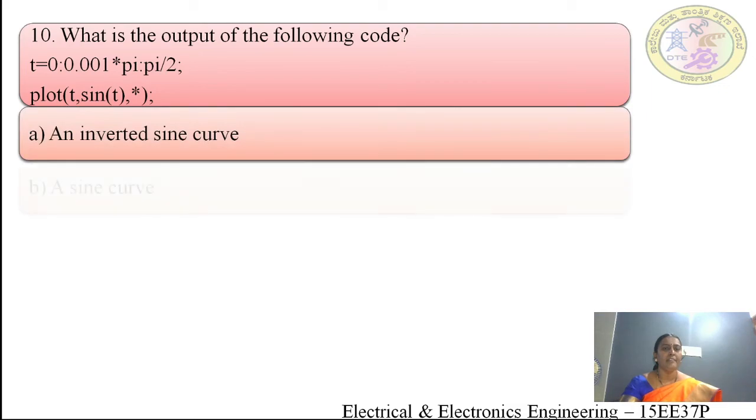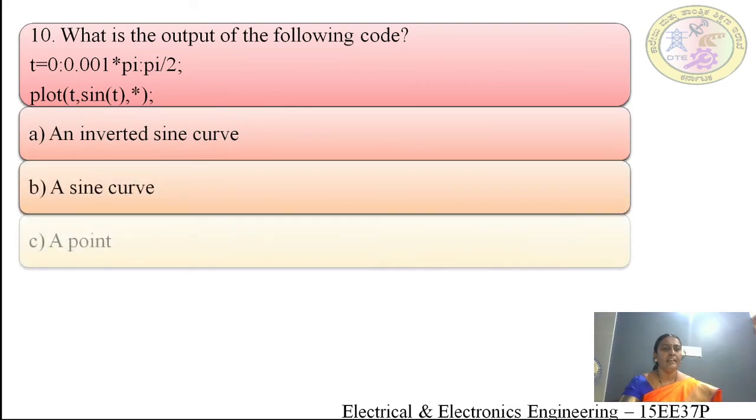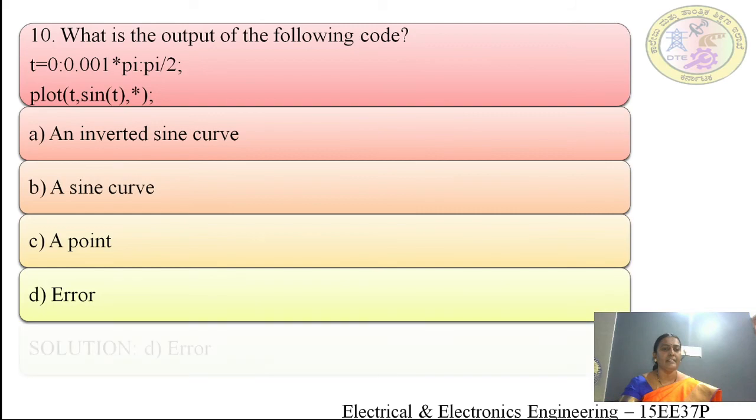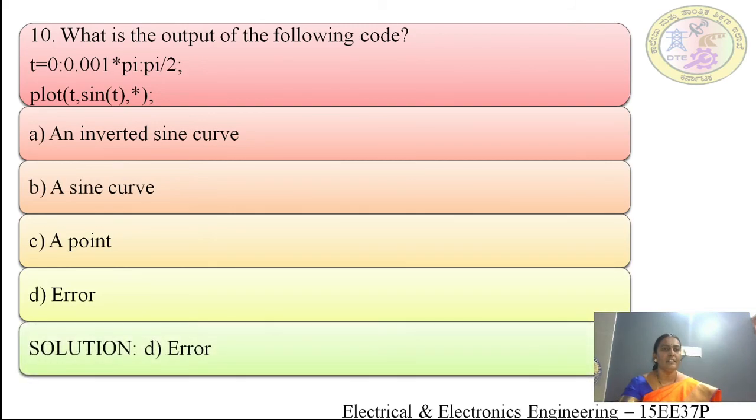An inverted sine wave, a sine wave, a point, error. The answer is error because there is a mistake in this, that is t comma sin t. This is not at all a function for plotting a sine wave in this manner. Therefore, this is a wrong answer.